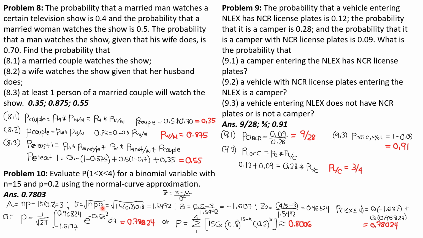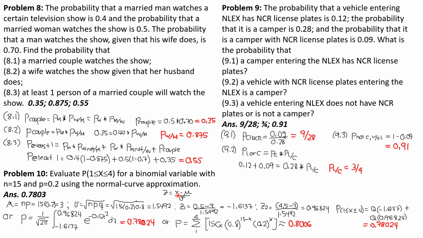This is equal to 1 minus the probability of success, or 1 minus p. So 15 times 0.2 times 0.8, of course, and that is 1.5492.